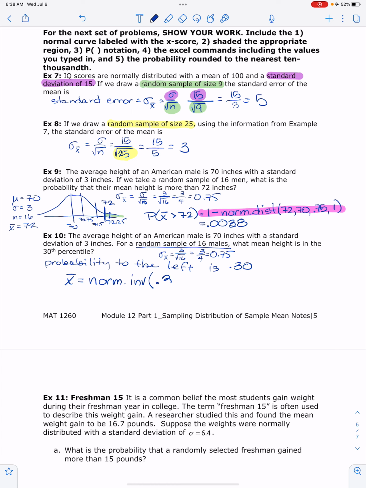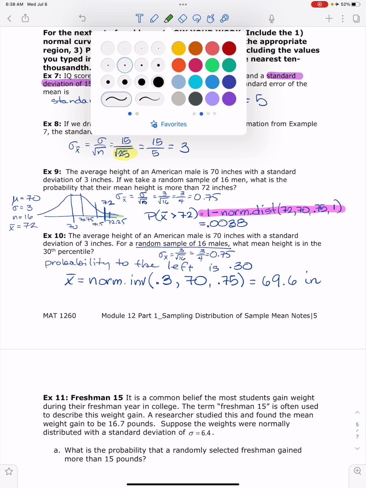I want a 30% probability. Our population mean is 70. Our sample standard deviation is this 0.75. I get 69.6 inches. So let's see if we can color code here.